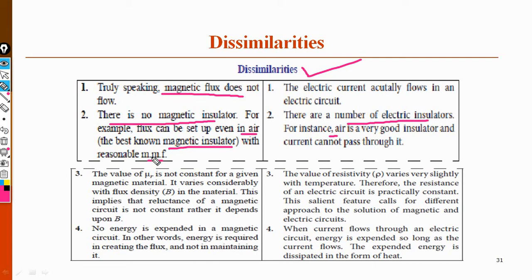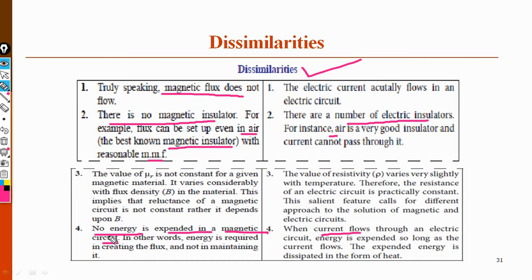Then also, in the magnetic circuit there is no energy expended, but in the electrical circuit energy is expended in the form of electrical current.